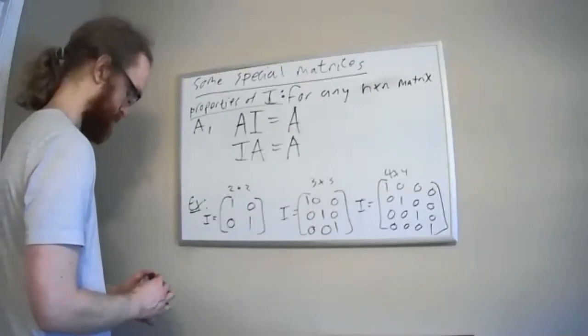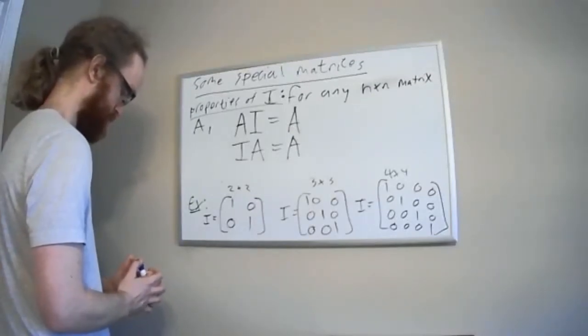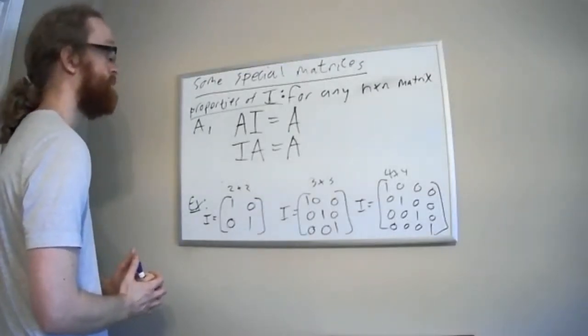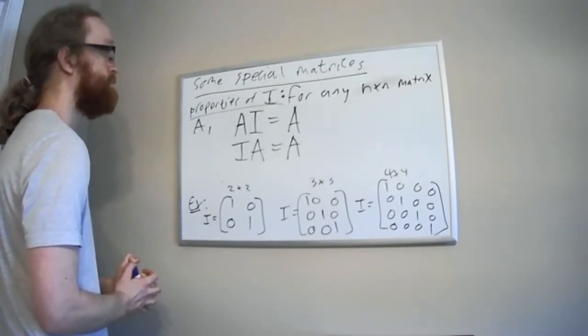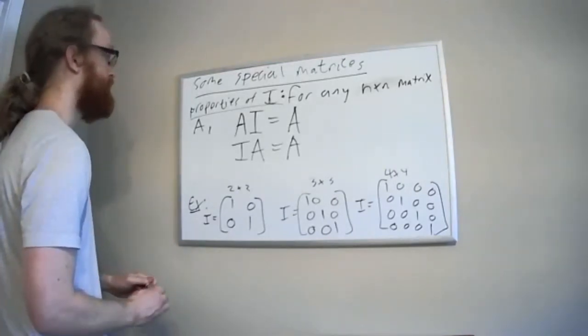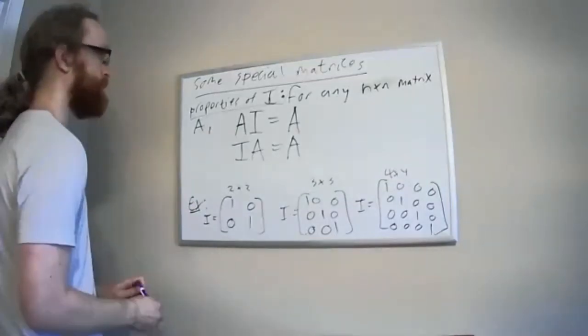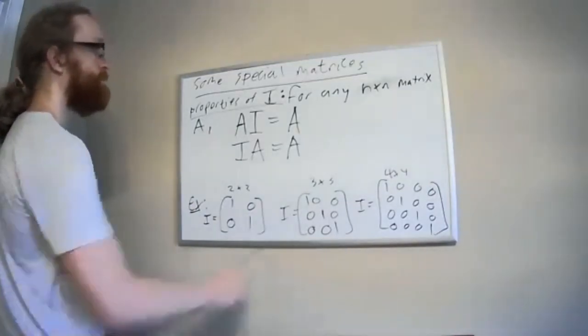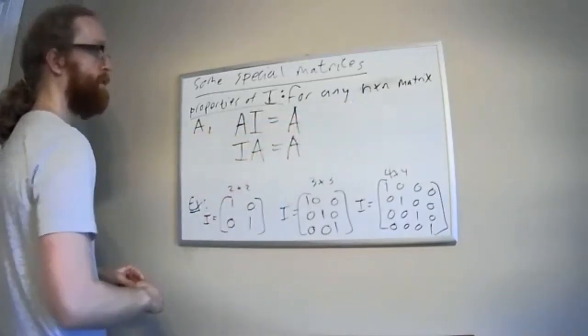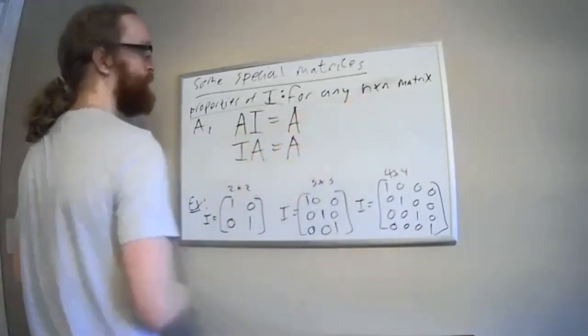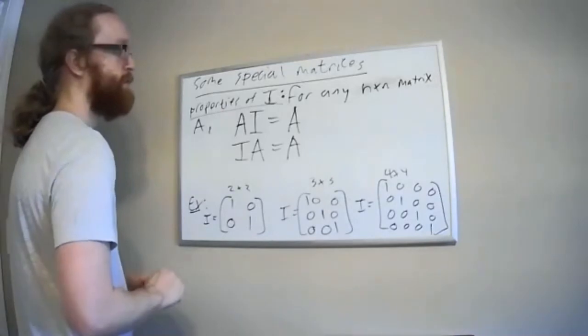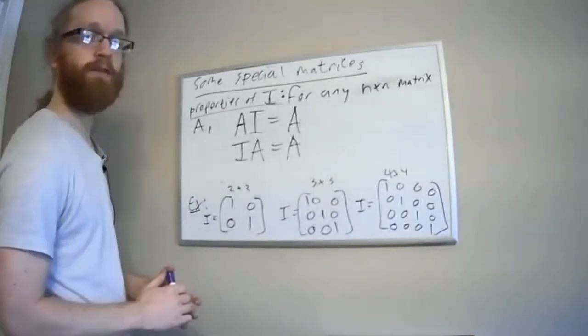Quick question. When you say A and when you say n, what are you referring to specifically? So A is a matrix. And when I say n, I'm saying that A is an n by n matrix. So n is how many rows and columns it has.